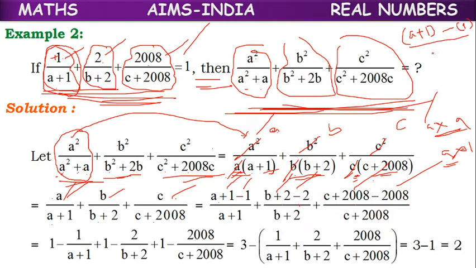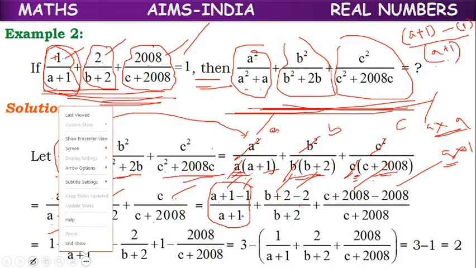We are having a plus 1 in the denominator, so this numerator part can be divided into two groups: a plus 1 minus 1. So what will we get? A plus 1 by a plus 1 cancels, first value will be 1. Next, what is remaining? Minus 1 by a plus 1.